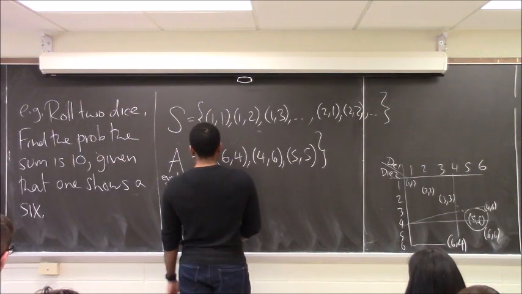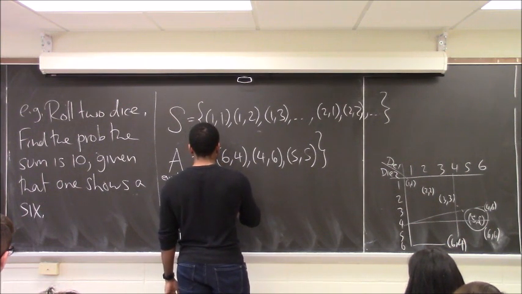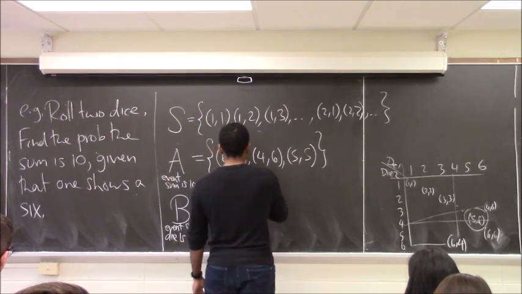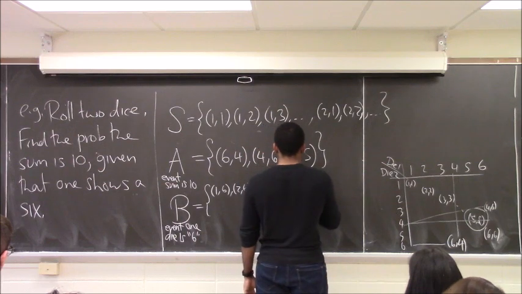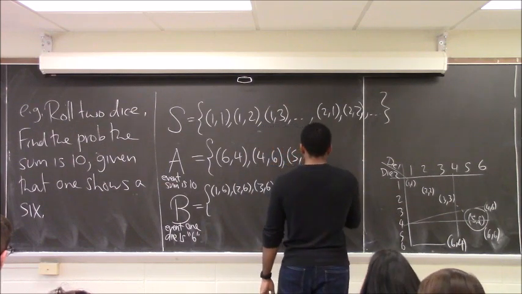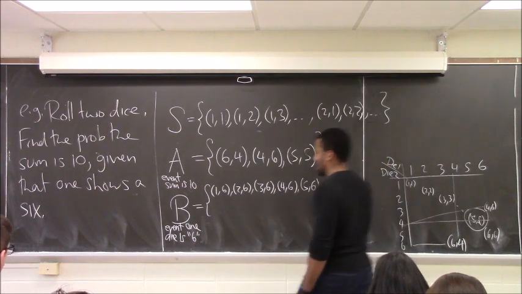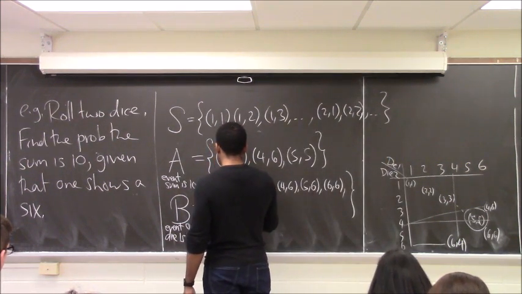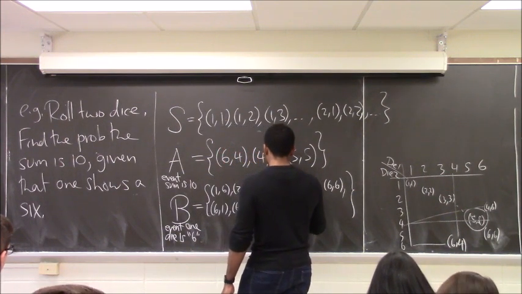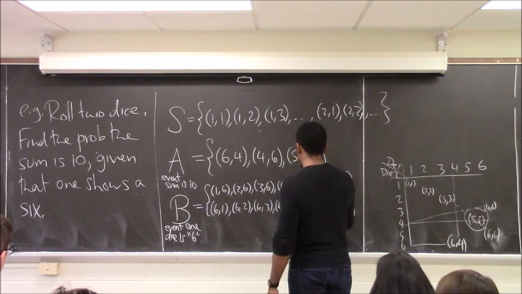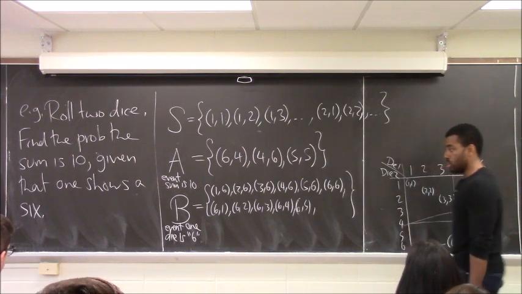So let's just do all of them. 1 and 6, 2 and 6, 3 and 6, 4 and 6, 5 and 6, 6 and 6, 6 and 1, 6 and 2, and so on. 6 and 6 does not get repeated. That was only one situation.